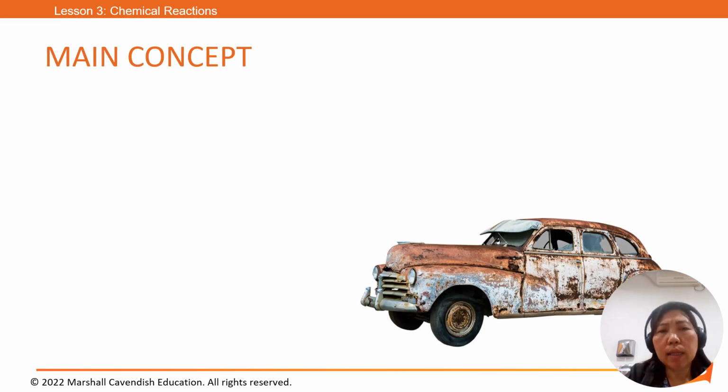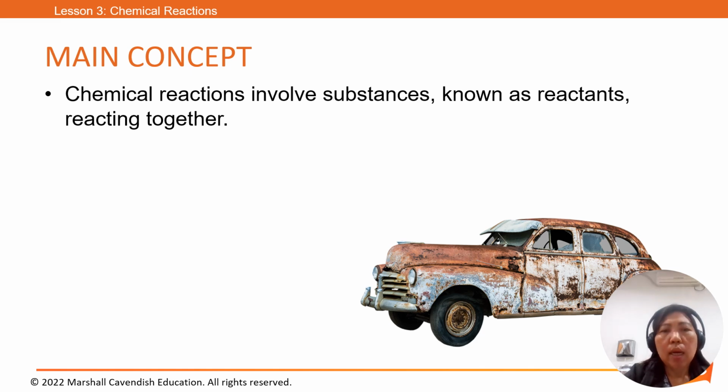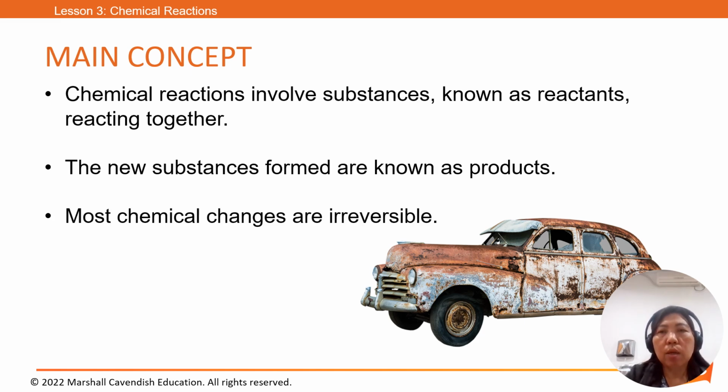Now, the main concept of the chemical reaction is that chemical reactions involve substances known as reactants reacting together. So what do you observe on the car? You see that the car has become rusty. So is there any new substance formed?